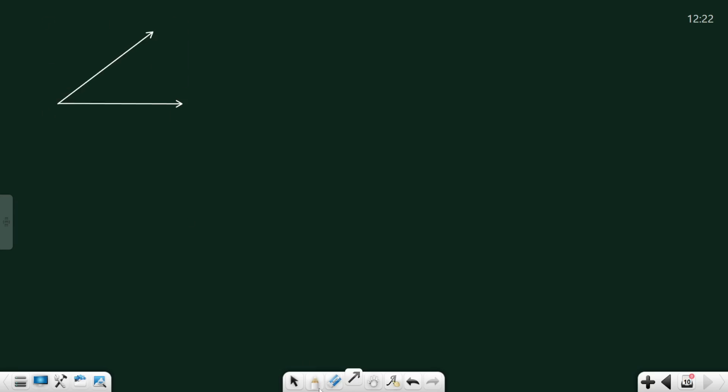This is the A vector, this one is B vector, and this is theta. So the formula is, when you take only the magnitude, magnitude of A cross B is equal to magnitude of A, magnitude of B, sine theta.